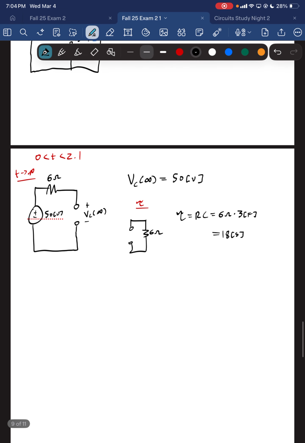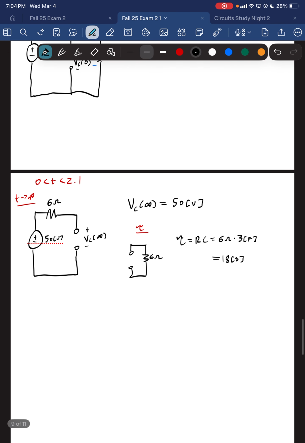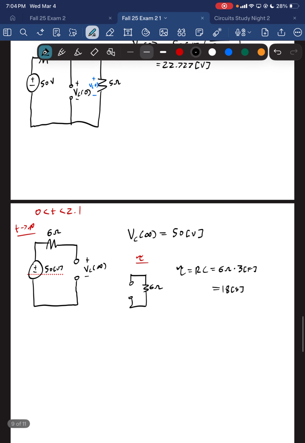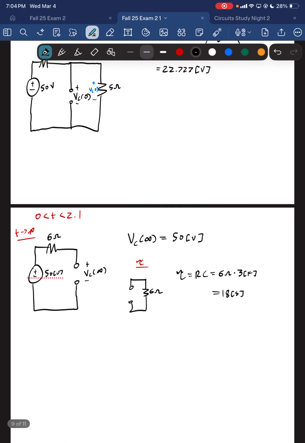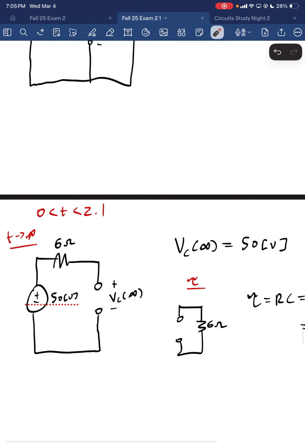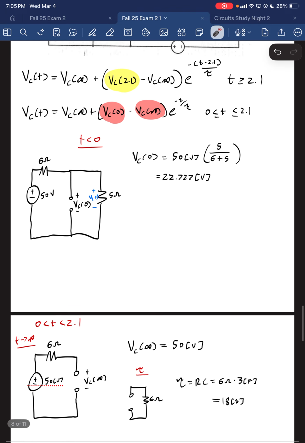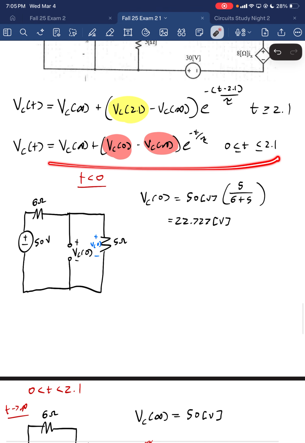So why do we keep this part at infinity if there's another circuit after that point? That's where it gets confusing. This circuit is only valid for this time frame, 0 to 2.1. So why would we need to find the value of the voltage across it at t equals infinity? It's just what you have to do in order to build out this equation that would model the voltage hypothetically if it were to go to infinity.